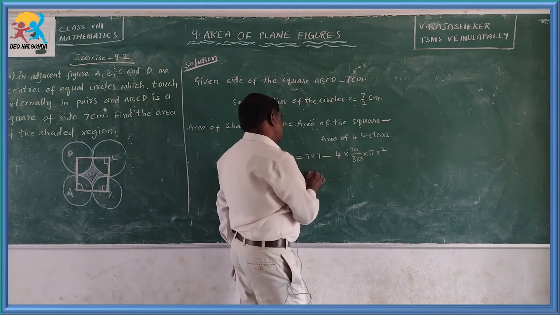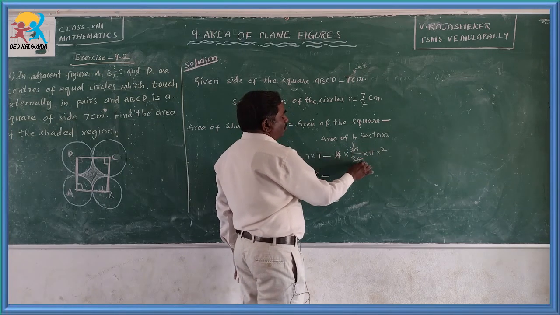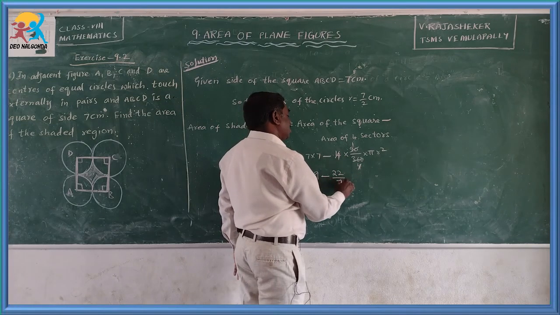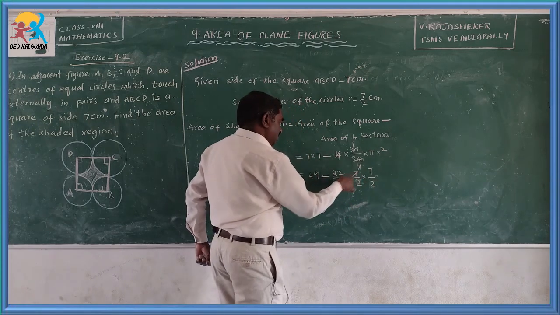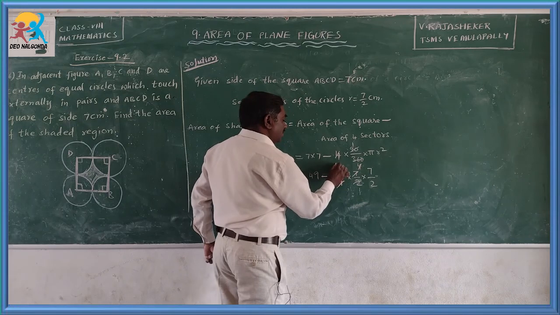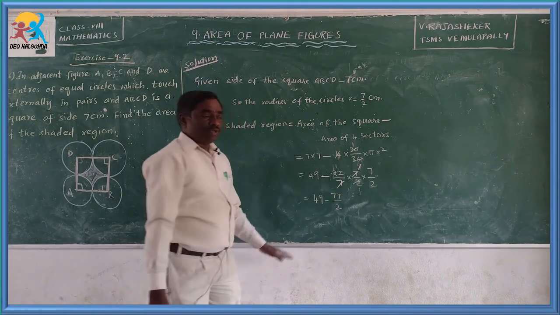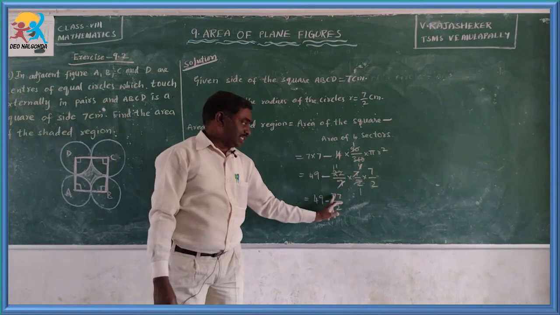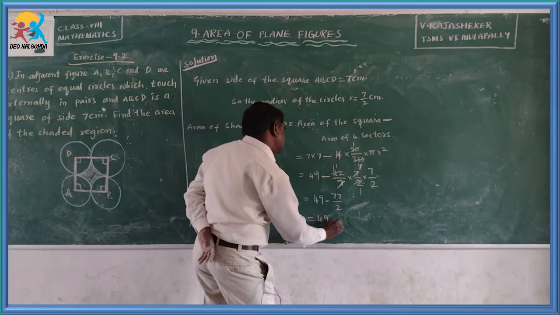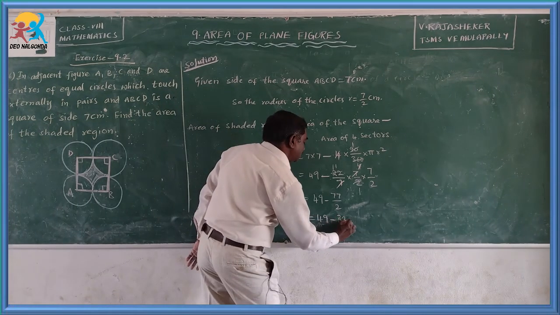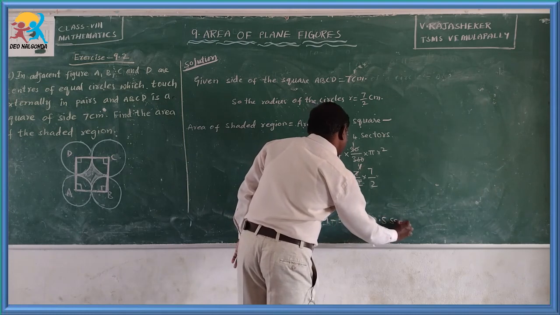So 7 7s are 49 minus 90 by 360 is 1 by 4, and the 4 gets cancelled, minus 22 by 7 into r square, which is 7 by 2 into 7 by 2. 7 gets cancelled, 2 2s are 4, 11 into 7 is 77 by 2. So 49 minus 77 by 2, 49 minus 38.5, which is equal to 10.5 square centimeters.